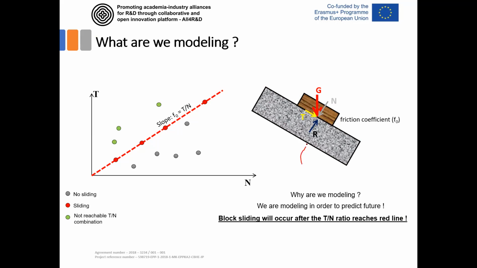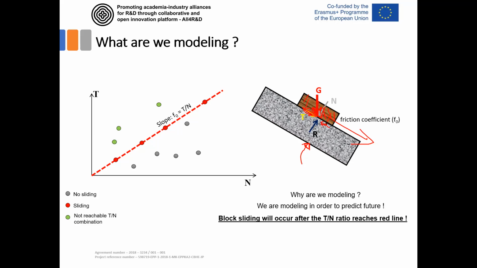If we increase the slope of this surface, at one moment the sliding of this block will occur. Why? Because the force that is trying to push this, for example, wood block downslope overcomes the resistant friction force.